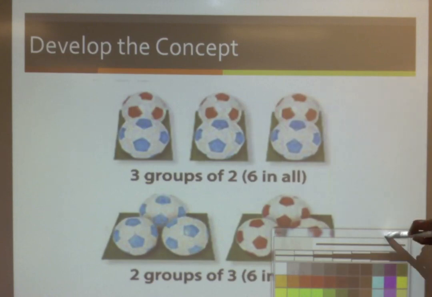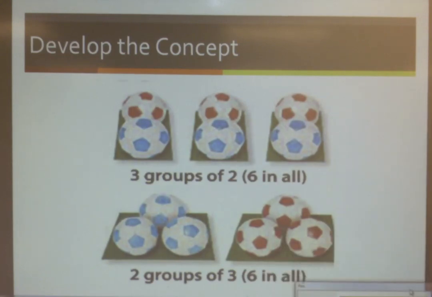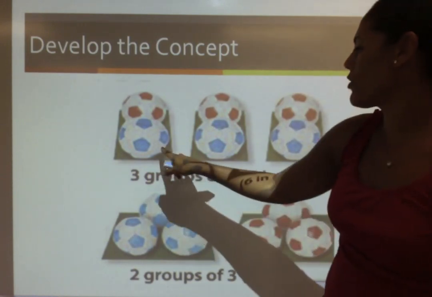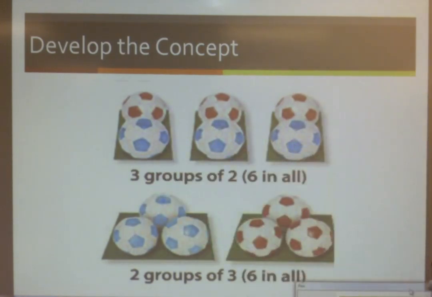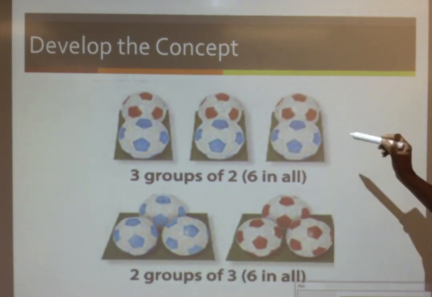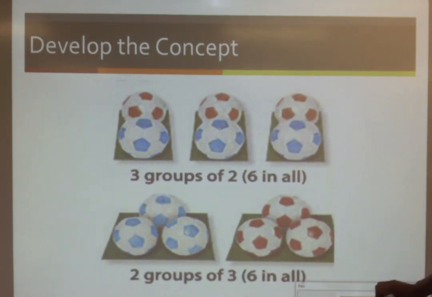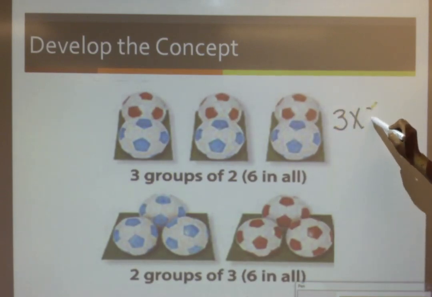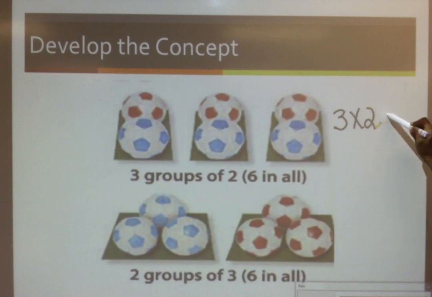Here you see groups of soccer balls. In this first set, you will see that there are 3 groups. 3 groups of 2, 6 balls in all. So I would write a number sentence for this as follows. 3 groups of 2 equals 6.